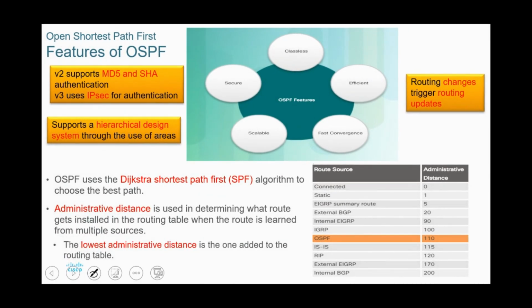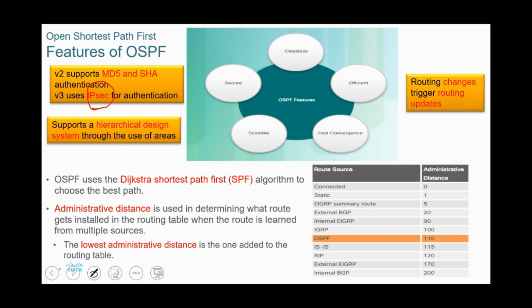Now, what are the features of OSPF? If you look at OSPF version 2, it supports MD5 and SHA authentication. However, version 3 uses IPsec for authentication, which means it is more secure. OSPF also supports a hierarchical design through the use of areas.